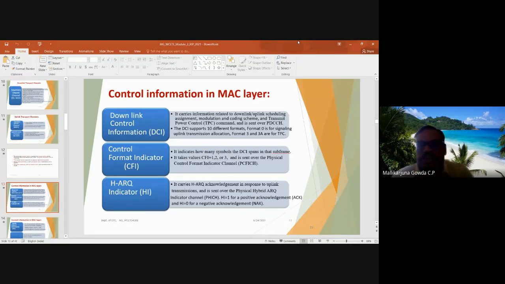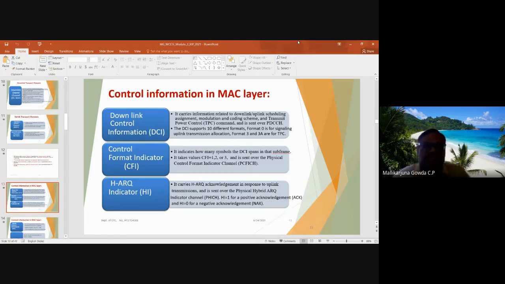Format 0 is for signaling uplink transmission allocation, and format 3 as well as 3A are used for transmit power control. As of now you can understand this much. As I said, DCI supports 10 different formats. In that, format 0 is used for signaling uplink transmission allocation, and format 3 and 3A are used for transmit power control. Okay, so this is all about the downlink control information, that is DCI.